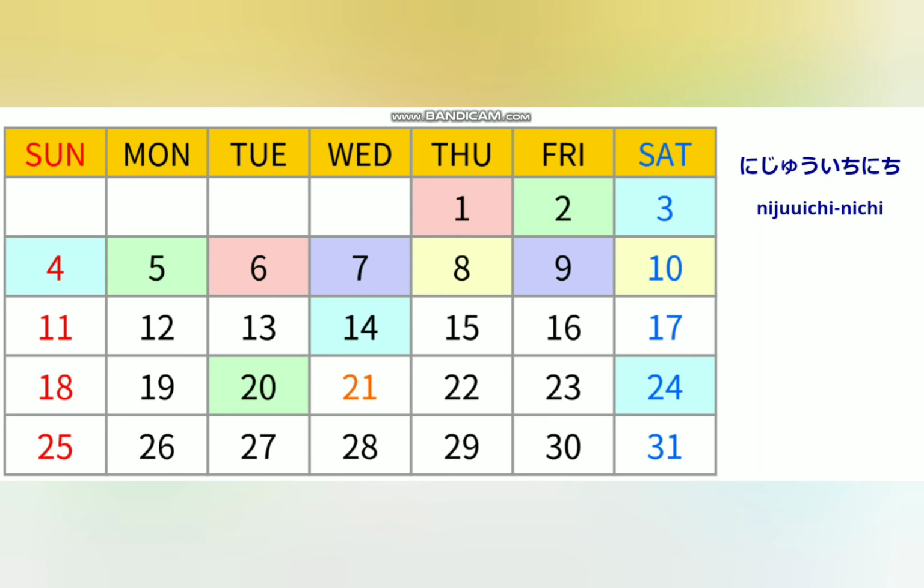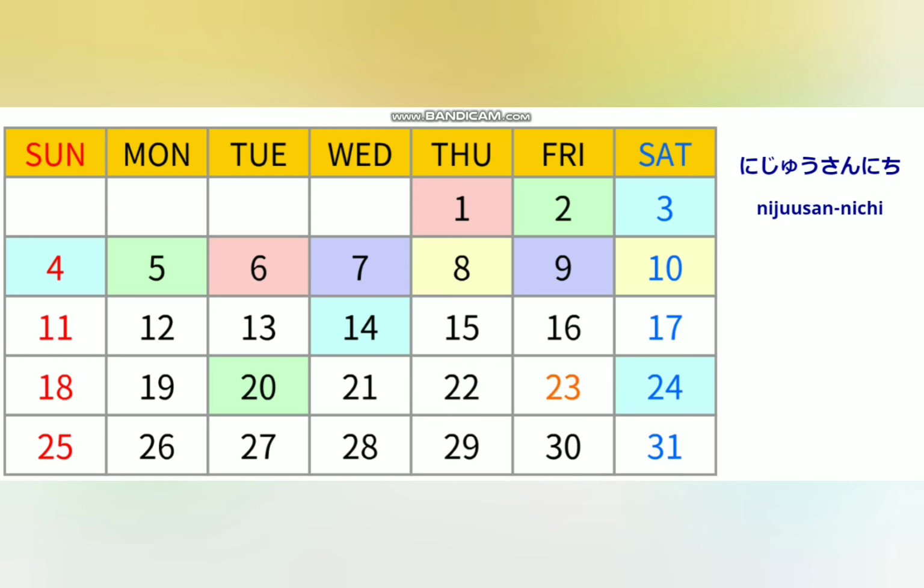21, 21日. Now we're back to the basic counting. 21日. Again, 21日 for the 21st of the month. 22nd, 22日. Again, 22日 for the 22nd.